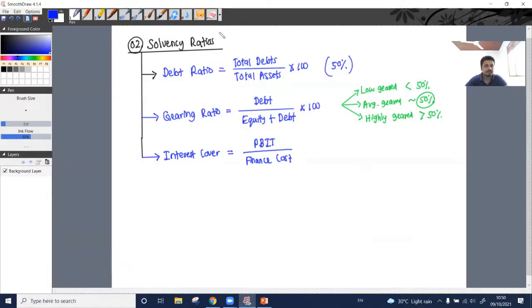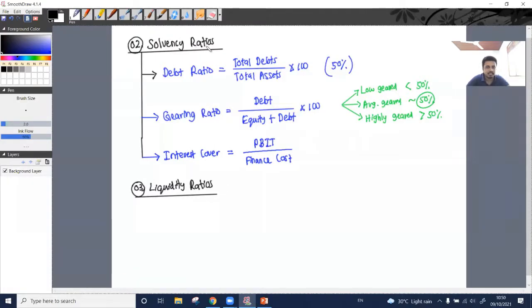Right. Then the third category is liquidity ratios. So what is the difference between solvency ratios and liquidity ratios?